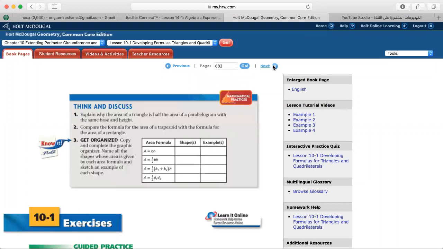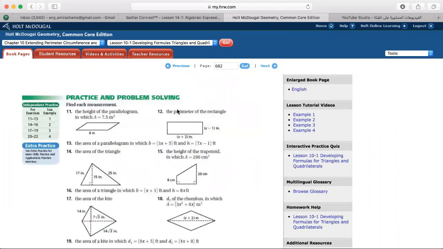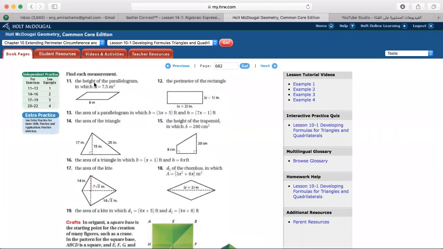Let's go to page 682. Find each measurement. Find the height of the parallelogram in which area equals 7.5 meter squared. When I am solving this kind of questions in area or perimeter, I have two types.